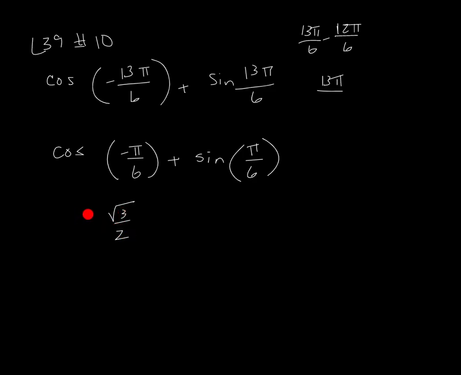And we have to decide whether it's positive or negative. It's going to be positive. And then, wait a minute, the cosine of that would be negative if I have the negative, right? And then the sine of this would be 1/2.